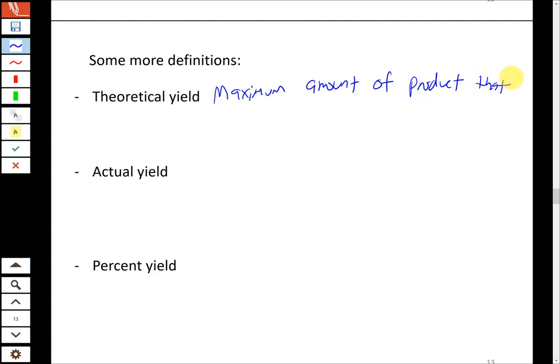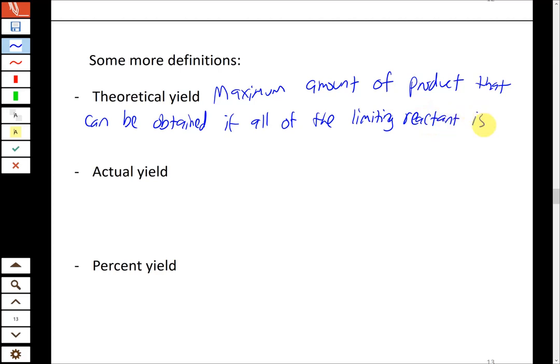That's the most amount of product that you can get from that reaction. All right, and so theoretical yield is just what you calculate from stoichiometry, where you have to know what the limiting reactant is, start from there, figure out how much product forms.